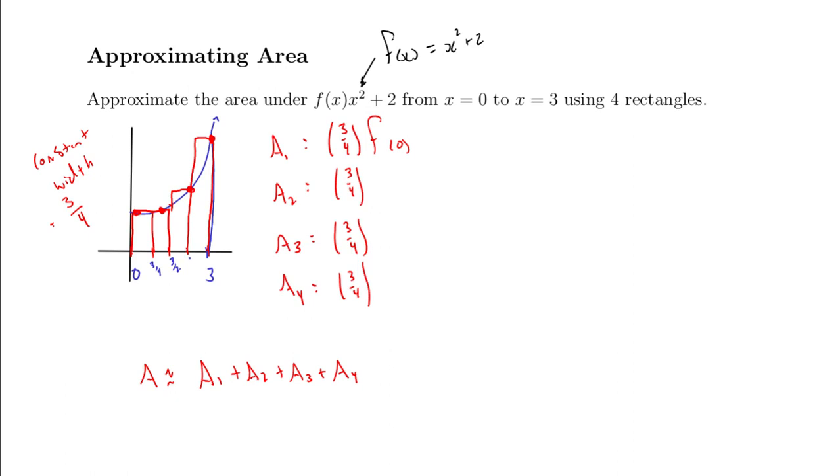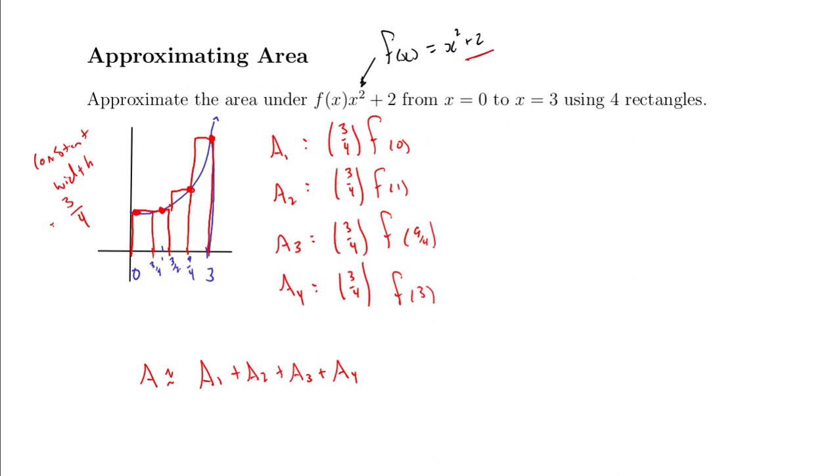This is, what am I looking at here? That would be 6/4, so 9/4. Or you can say 0.75, 1.5, 2.25, etc. These are the x values at all these border lines. It looks like this might be at like 1. Maybe. So we'll say, all right, that was f of 1. And then it looks like this one is f of 9/4. And this last one looks like it's f of 3.